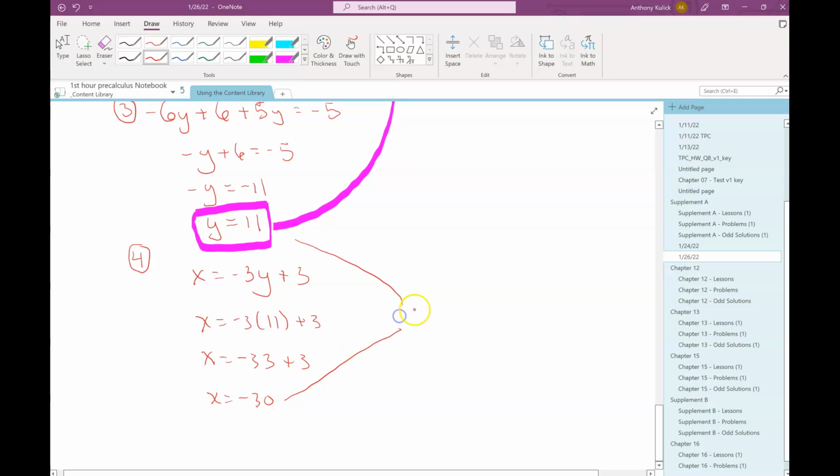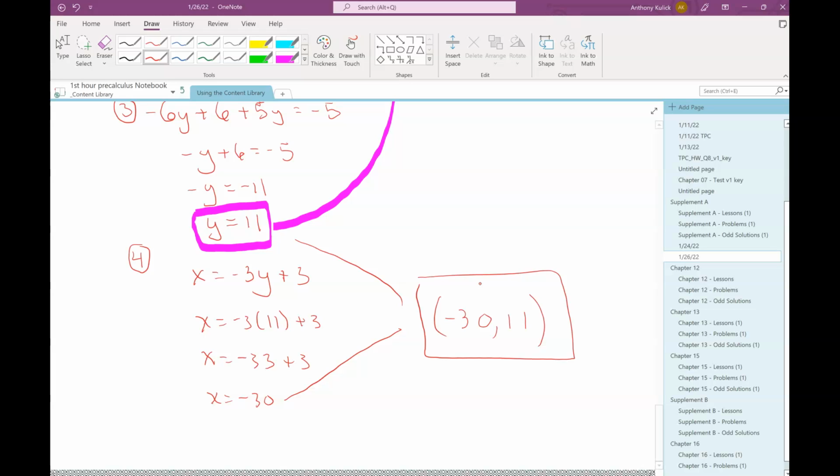So taking these two together, we'd say our answer is x comma y, negative 30 comma 11. If I wanted to check this, what could I do?